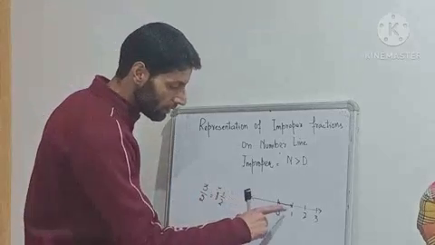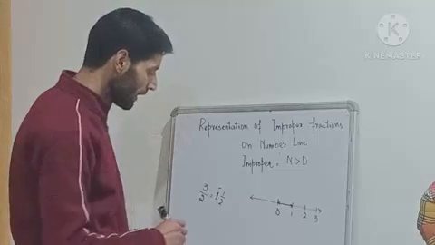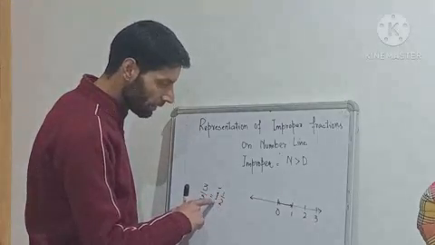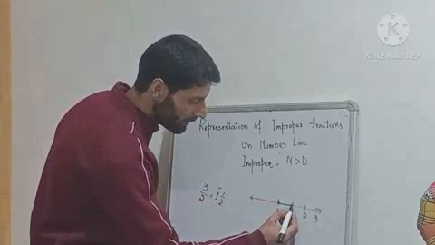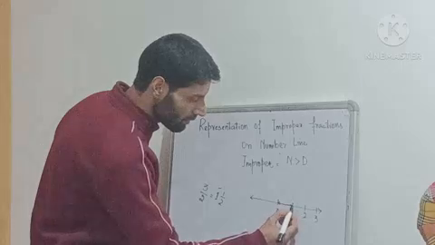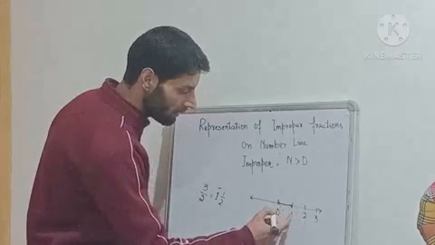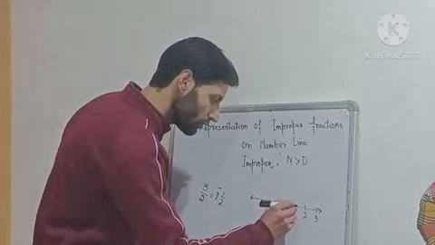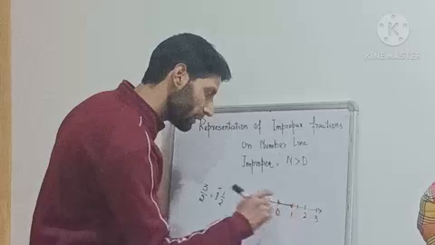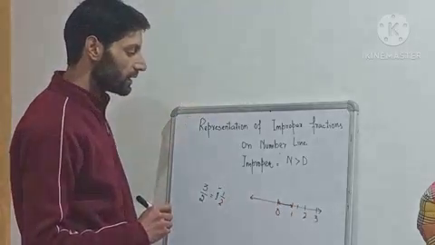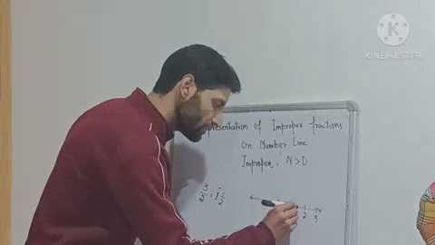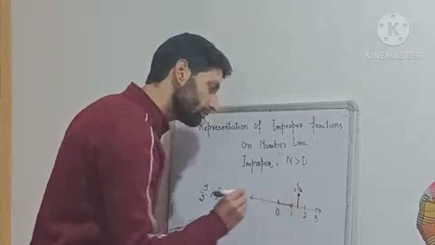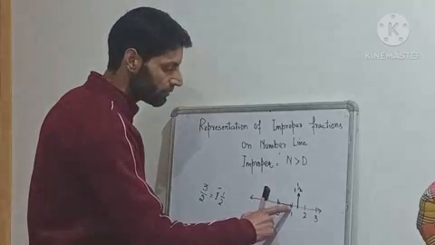It contains 1 completely, and next to this 1/2 is after 1, so we have to divide the part after 1 into 2 equal parts. So this point will represent 1 and 1/2, because it is after this first part.